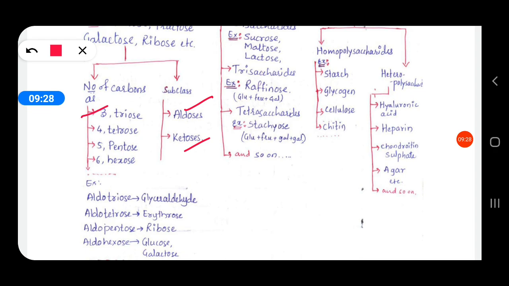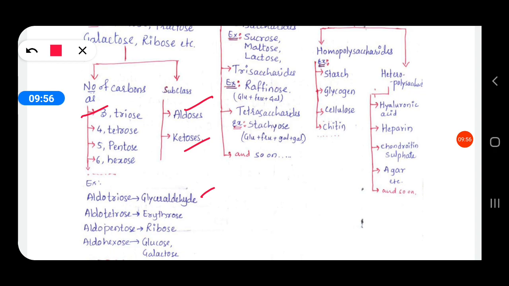So if the 3 carbons are there, then they are called trioses. 4 carbons, then they are called tetroses. 5 carbon pentose, 6 carbon hexose, 7 carbon heptose. So on it is continued. So example, suppose if the 3 carbons are present and they contain aldehyde group, then it is called aldotriose.